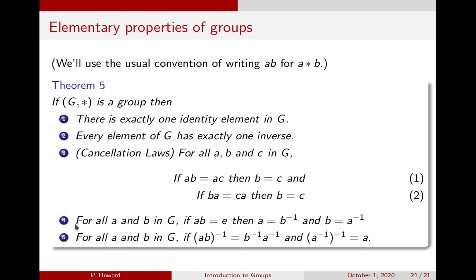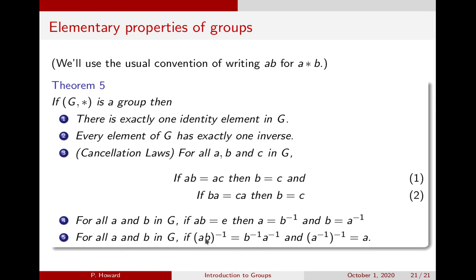Okay, and then 4 and 5 provide us with a couple of tools for showing that two elements are inverses of each other. If you multiply two elements of the group, A times B, remember this means A star B, and get the identity, then A has to be the inverse of B, and B has to be the inverse of A. And number 5 gives us a way of calculating the inverse of a product.